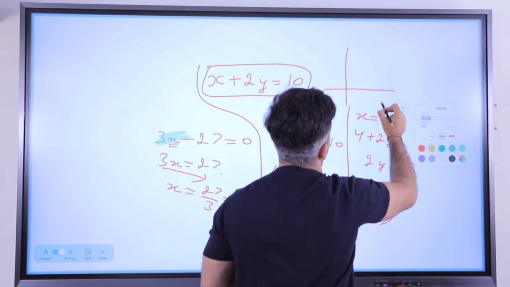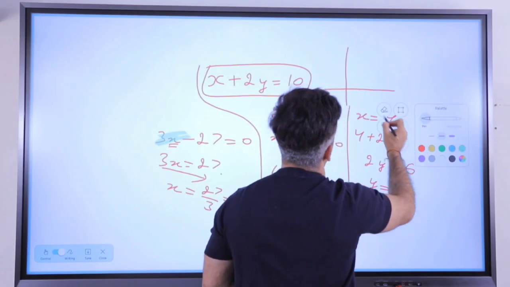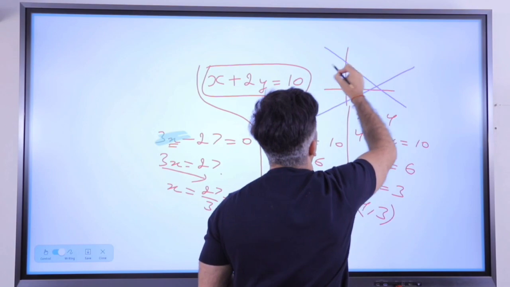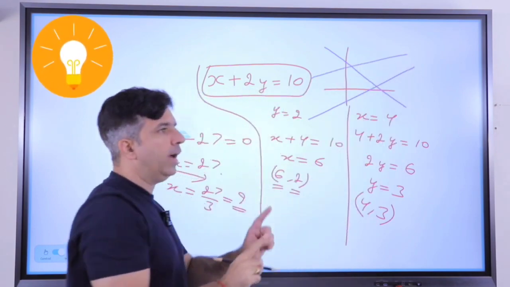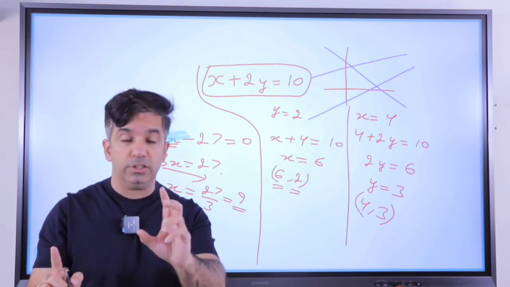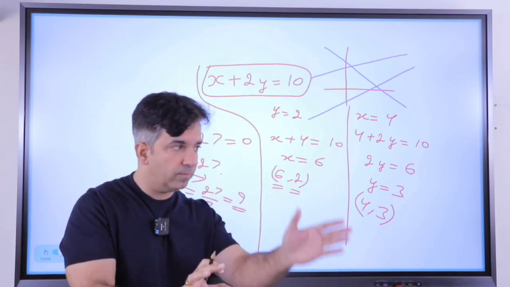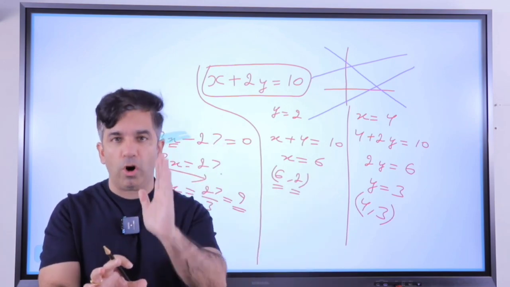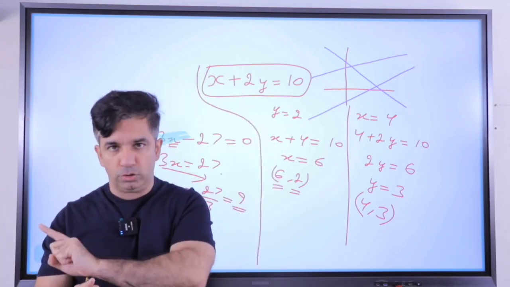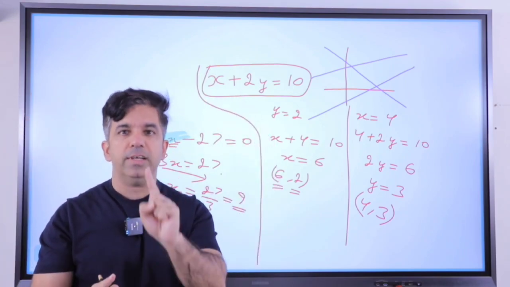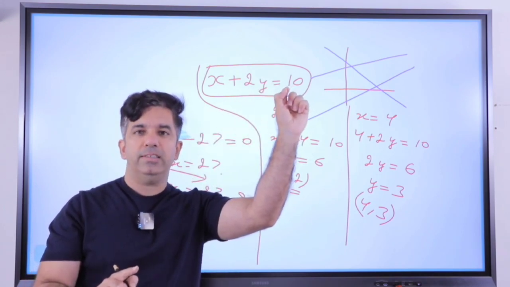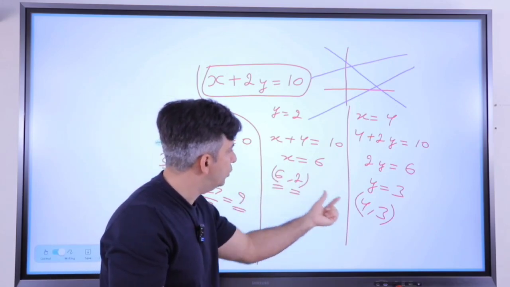It could be of any direction, but when I plot a linear equation, and this is the ultimate focus, it always results in a straight line. All the points on that straight line represent all these solutions which we are forming.